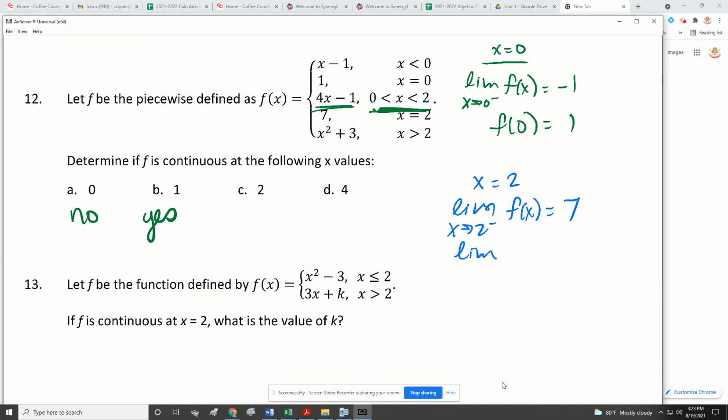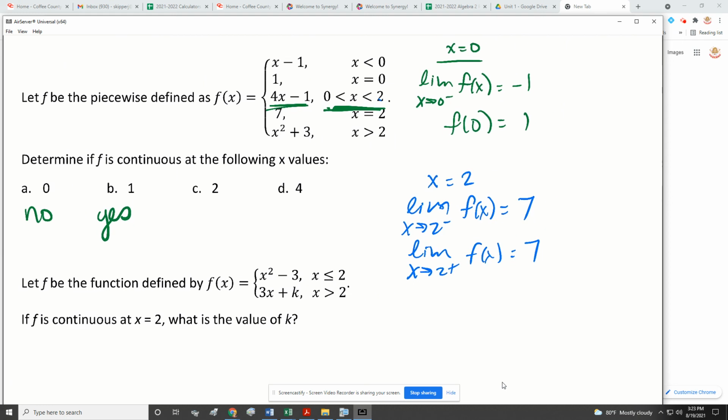We would need to find the limit as x approaches 2 from the right of f of x by plugging in 2, and that's 4 plus 3, which is 7. And we would also need to find f of 2, which tells us right here that is also 7. So all those 7s match up. So we would say yes, the function is continuous there.